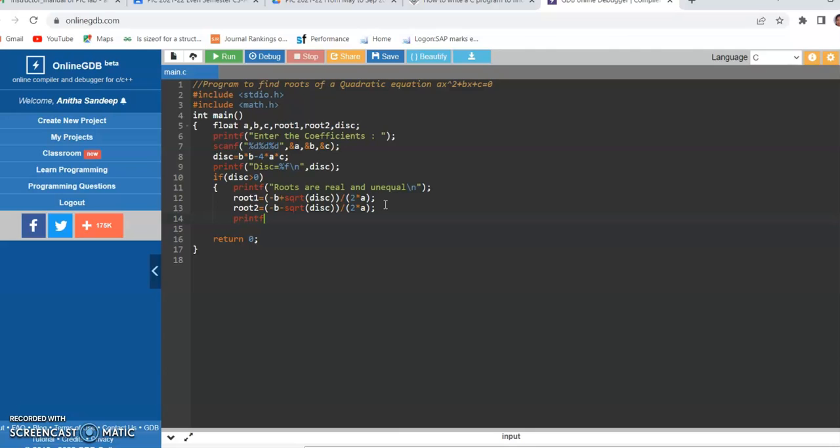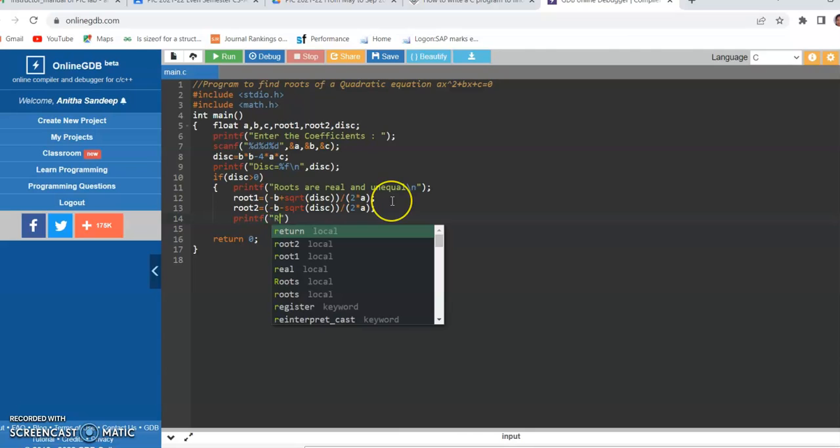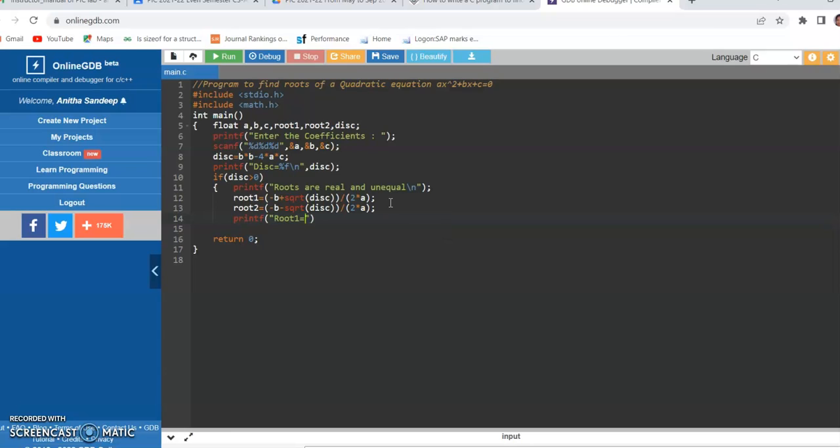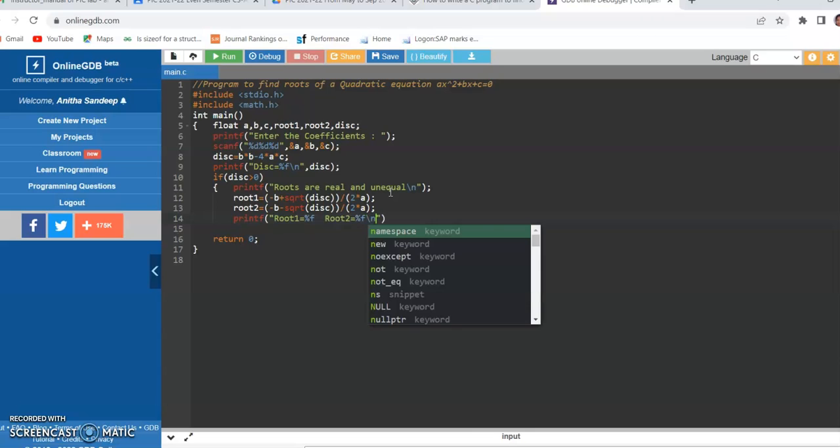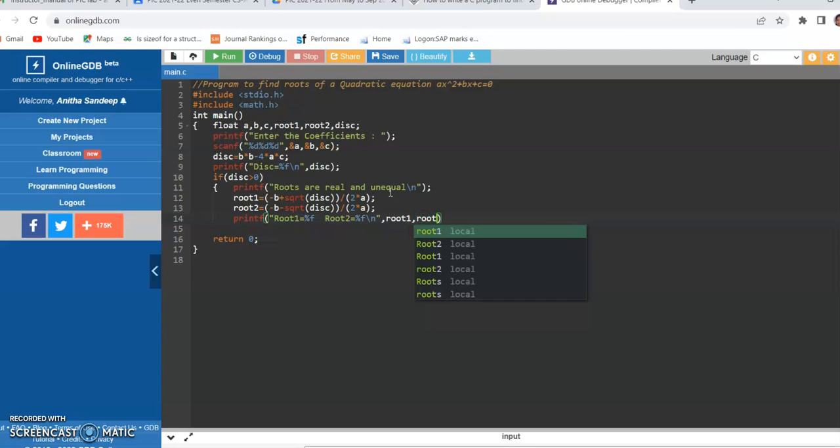Then printf root 1 is equal to percentage f, root 2 is equal to percentage f backslash n comma root 1 comma root 2. So this is regarding the first case where the discriminant is greater than 0.